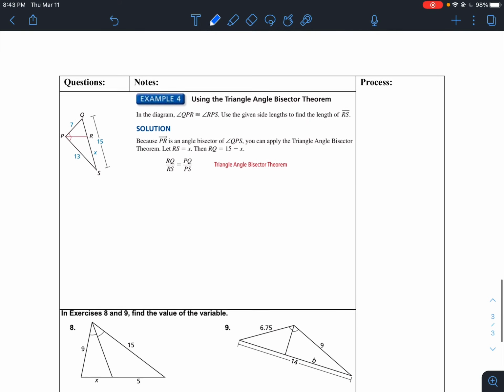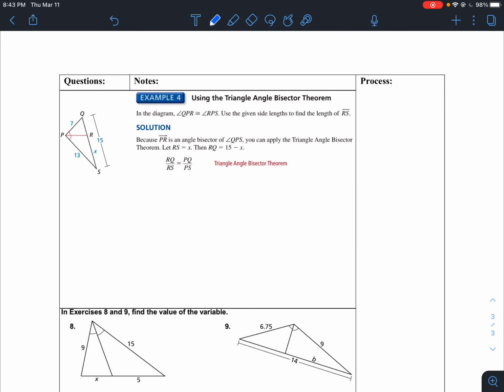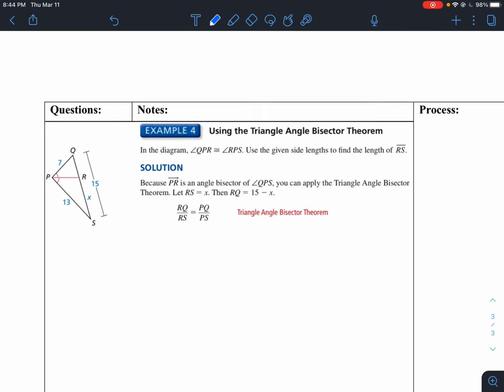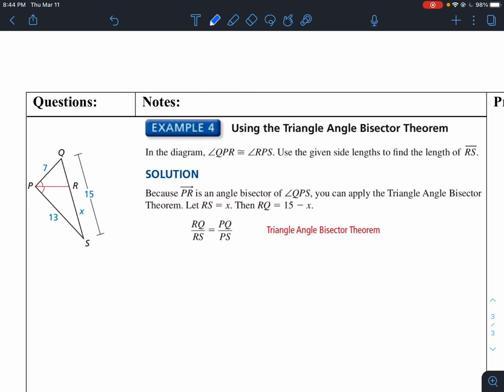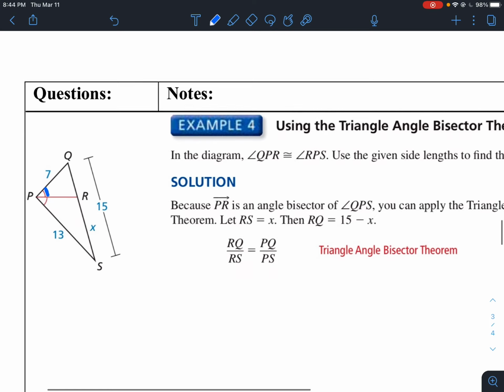So let's go ahead and use this on this next page right here, using the triangle angle bisector theorem. So in the diagram, angle QPR, so this angle right here, is congruent to RPS, so this angle right here.